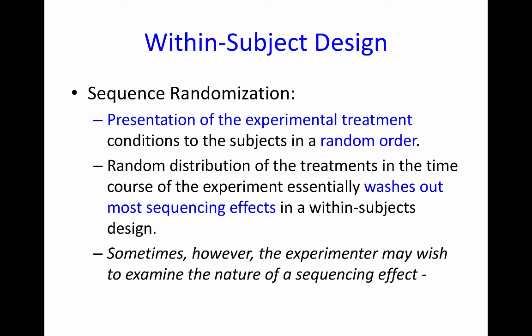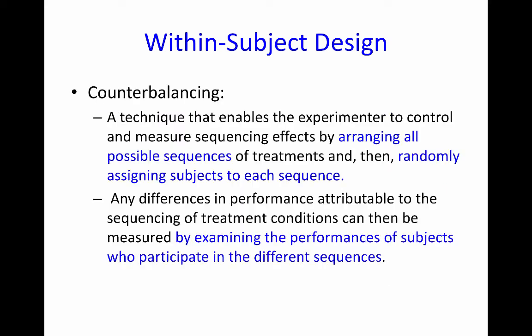Now, a researcher might want to examine the sequencing effect. They might want to examine the differences between condition A, condition B, and condition C and see how it affects the subject. If that is the case, they'll do counterbalancing. So instead of setting up all the sequences of the experiment randomly, they're going to account for every sequence it could possibly be in.